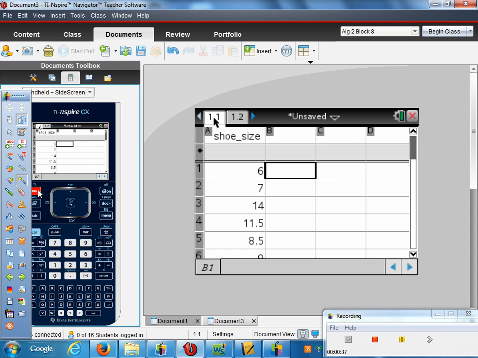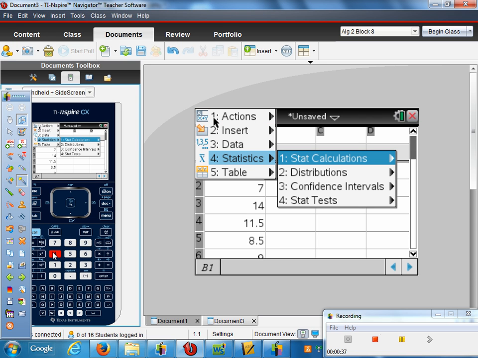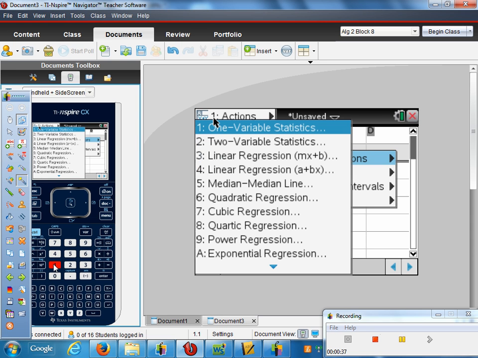So to do this, we need to simply ask it to do a calculation. So we're going to go menu. We're doing statistics, so it must be number 4. And then number 1, stat calculations. We are only calculating stats on one variable here, so you're taking the very first choice.